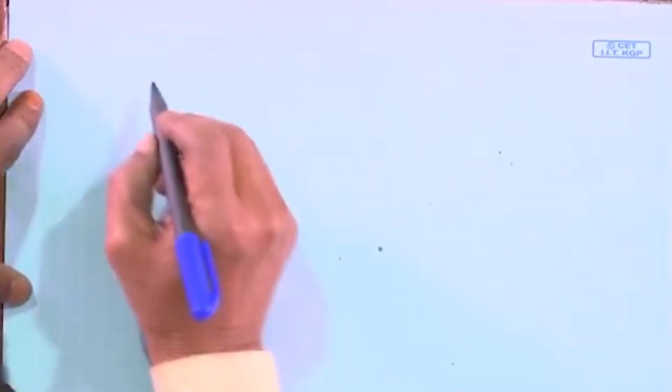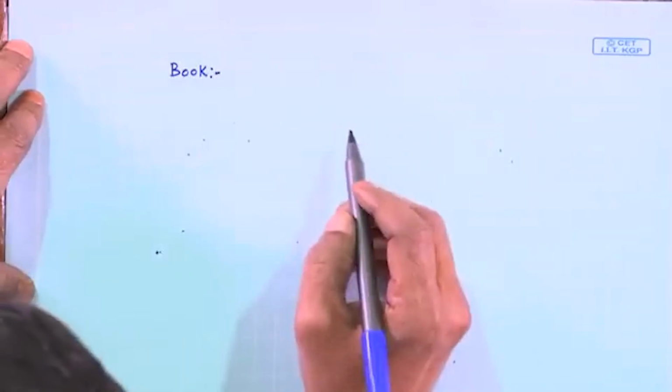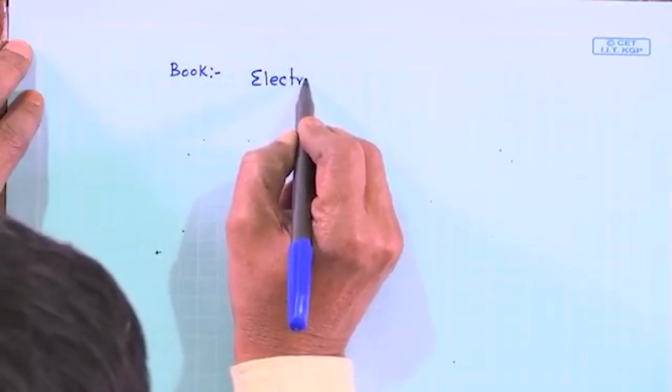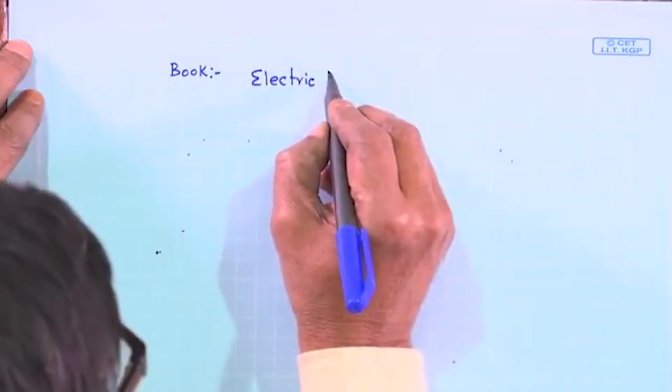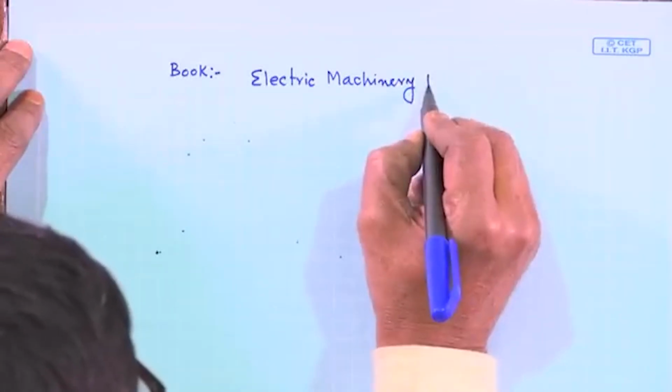Lest I forget, till now I have not given any name of the books, but it is now time to at least tell you about one book which is very good, and later I will add many other books whenever necessary. The name of the book, you note down, is Electric Machinery Fundamentals.